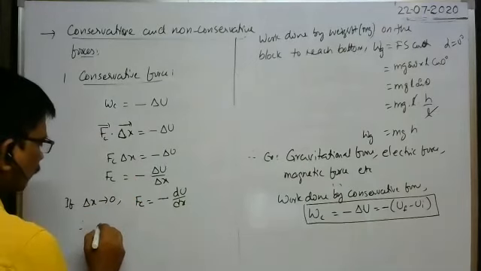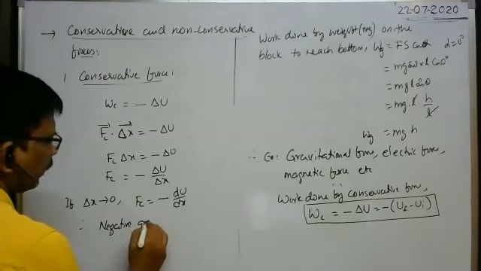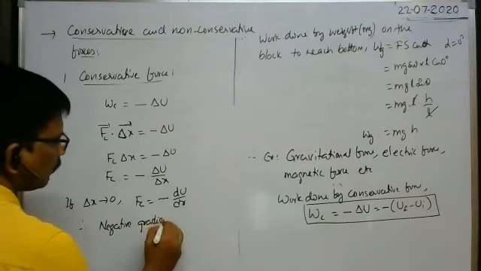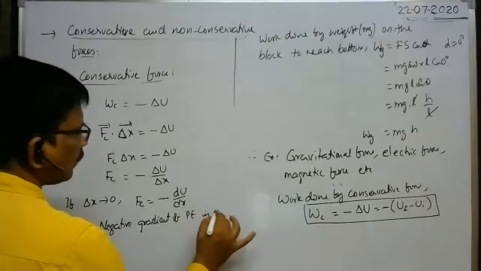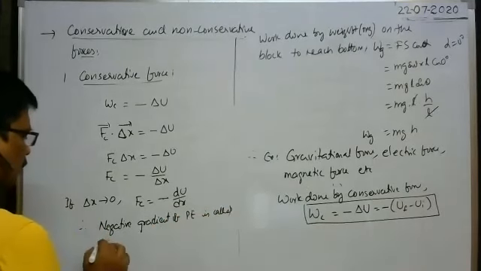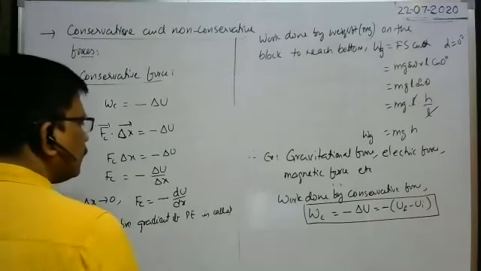Therefore, the negative gradient of potential energy is equal to the conservative force acting on a body. You should not say called, write is equal to.